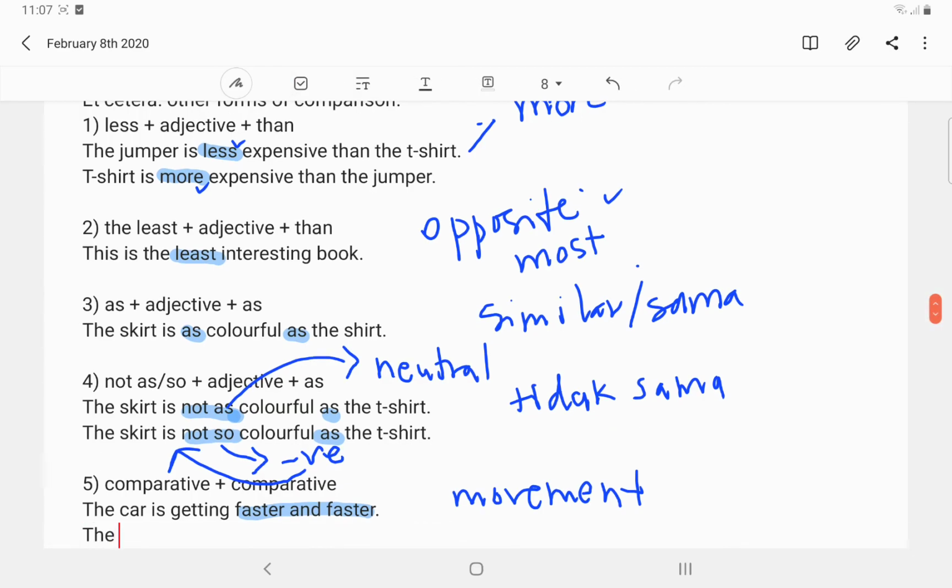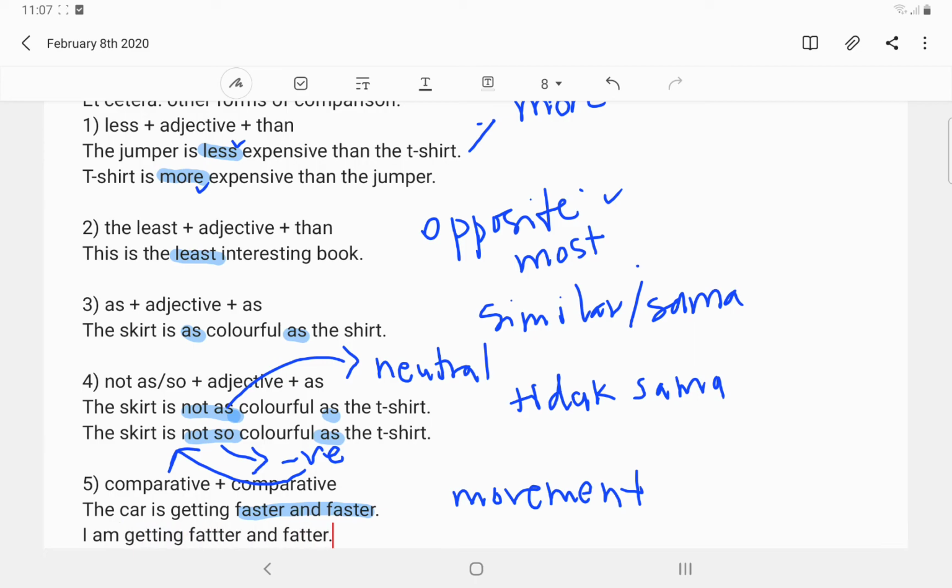Contohnya, it's easier: I am getting fatter and fatter.